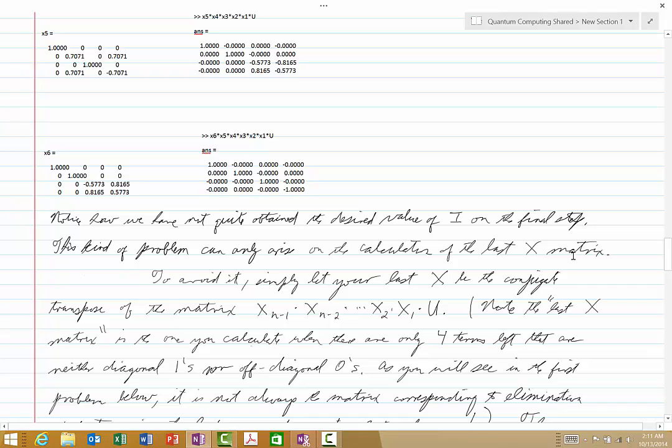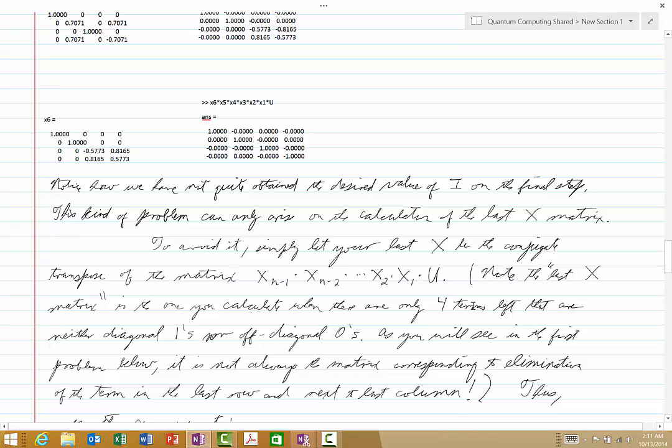Now, when I say the last X matrix, I guess I'm going to say it here. To avoid this problem, simply let your last X matrix be the conjugate transpose of the matrix xn minus 1 times xn minus 2 times ... times x2 times x1 times u. And here's the remark I was about to make.